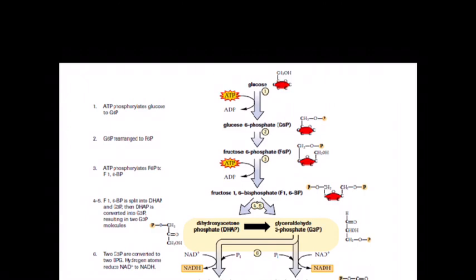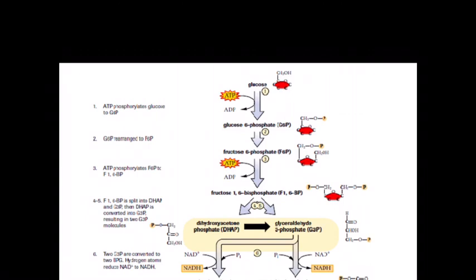The next few steps, 4 and 5, what we're doing there is actually splitting that glucose molecule in half. So after the first 3 steps, or maybe it's after the 4th step, the glucose molecule has changed into a carbohydrate molecule that is symmetrical. And we're going to take that symmetrical molecule and split it in half so that we have 2 of these same molecules, okay? And these 2 molecules are called glyceraldehyde 3-phosphate.